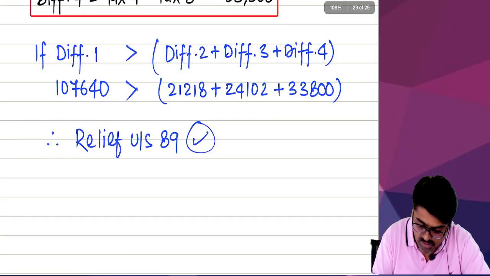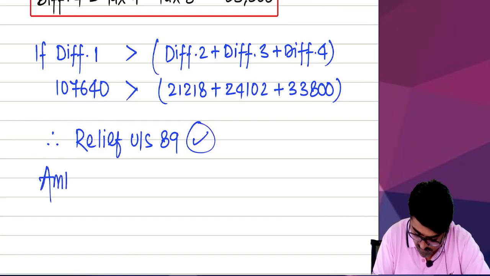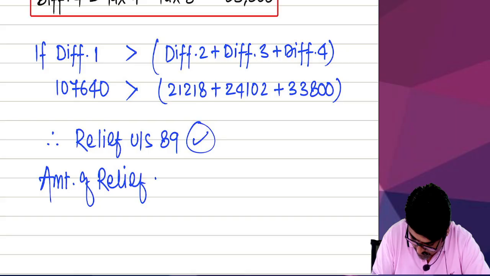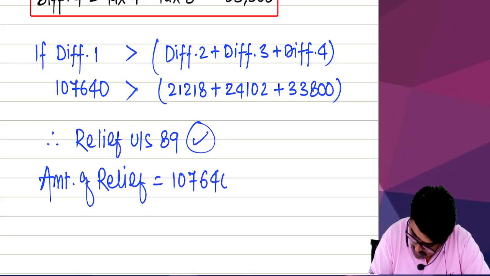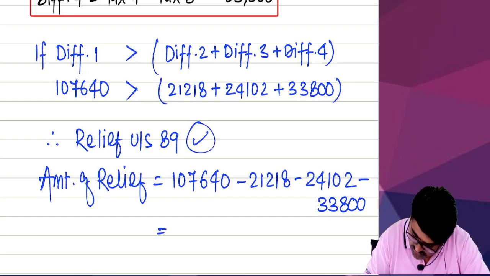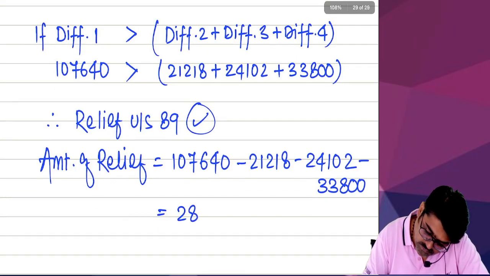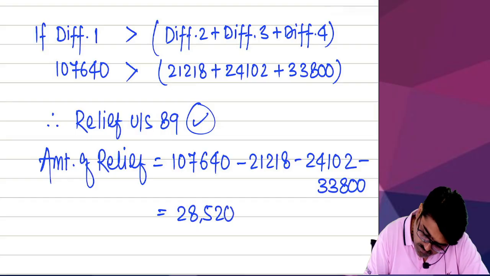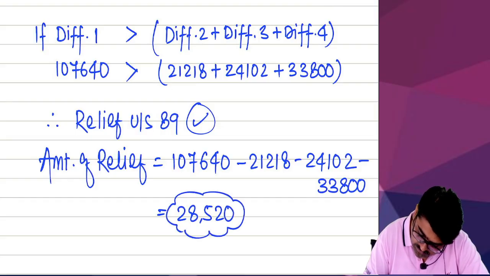And how much will be the amount of relief? Amount of relief is equal to 1,07,640 minus 21,218 minus 24,102 minus 33,800. How much? 28,520. This is the amount of relief.